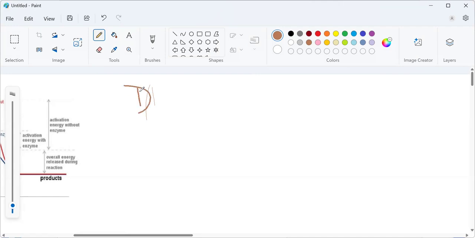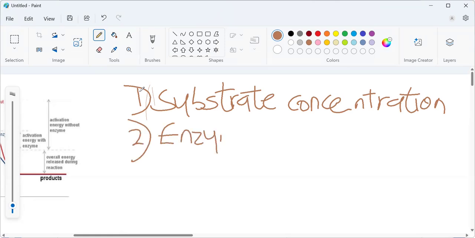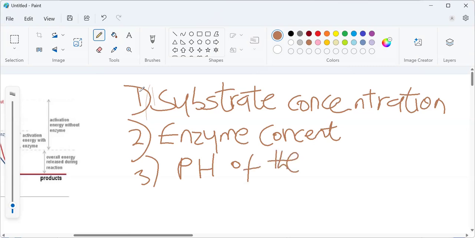Yes, so we have factors like substrate concentration, enzyme concentration, pH of the medium, and temperature of the medium.